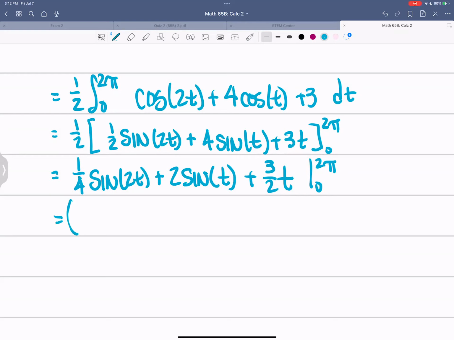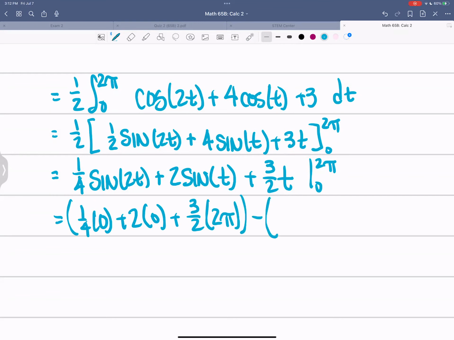So we have 1 over 4 sine of 4 pi, which is going to be 0, plus 2 times sine of 2 pi, also going to be 0, plus 3 over 2 times 2 pi, minus 1 over 4 sine of 0, which is 0, plus 2 times sine of 0, which is 0, plus 3 over 2 times 0.